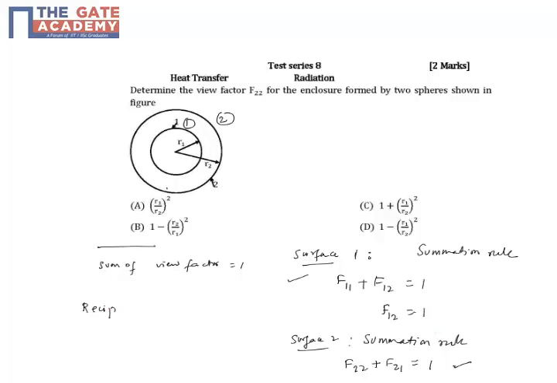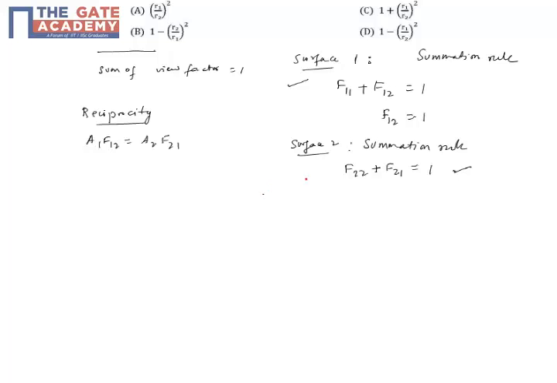Now we apply the reciprocity rule, which means that A1 F12 is equal to A2 F21. So now we need to get F21, because then I can substitute it and get F22.